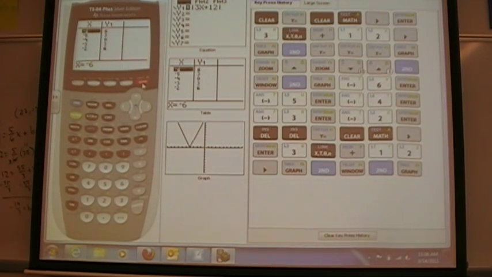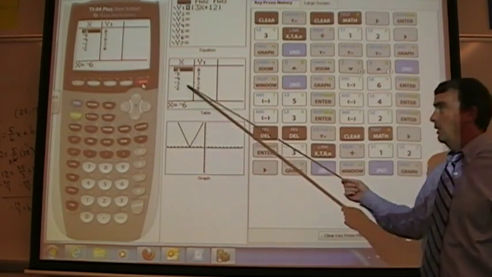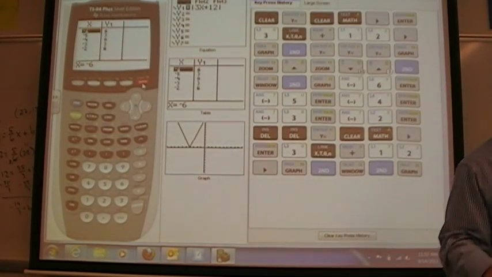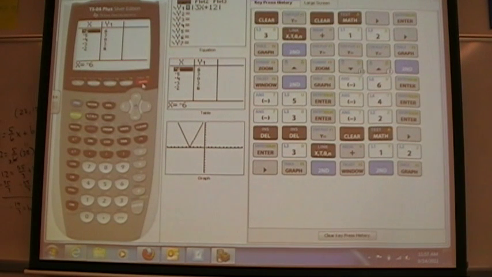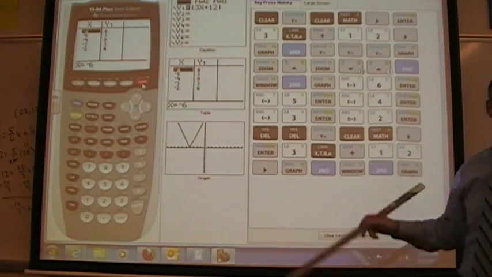If it makes you feel better, you can hit the delete button, and it will delete all the x values that you have in the table. And then just type in the same table that we just did in that problem: negative 6, negative 5, negative 4, negative 3, and negative 2. And you'll see that the y values just pop up for you.